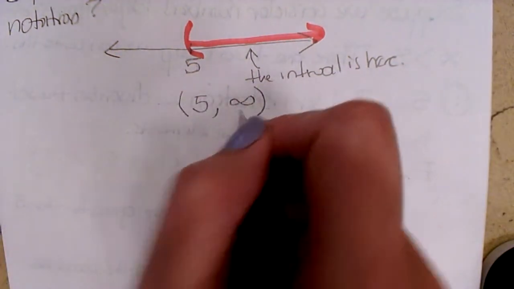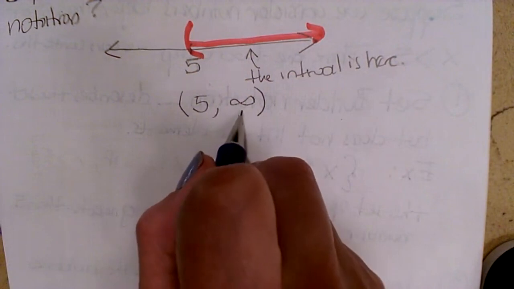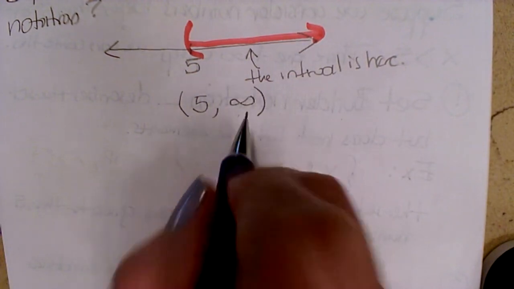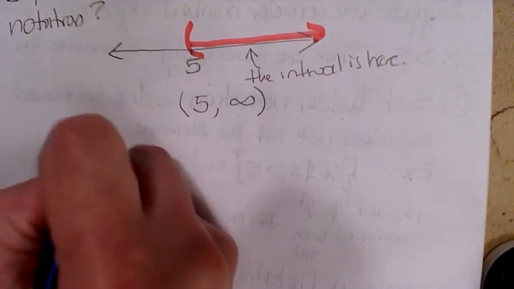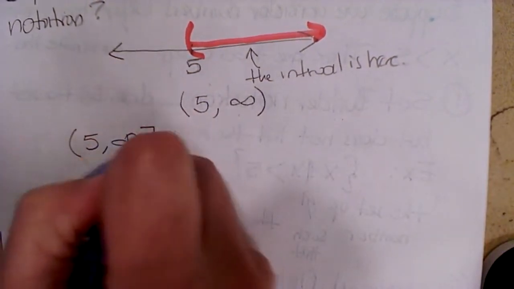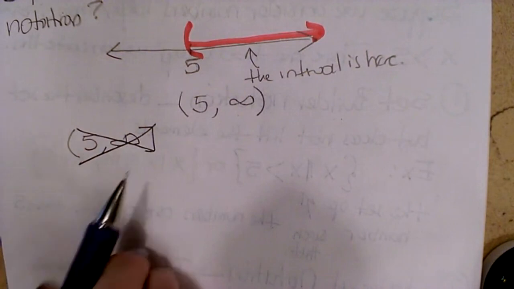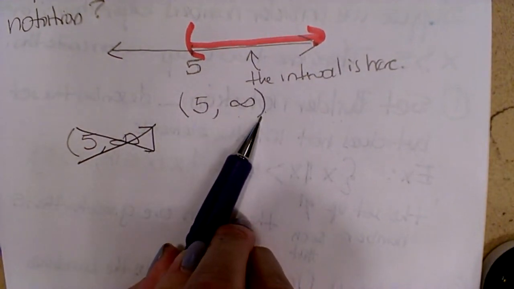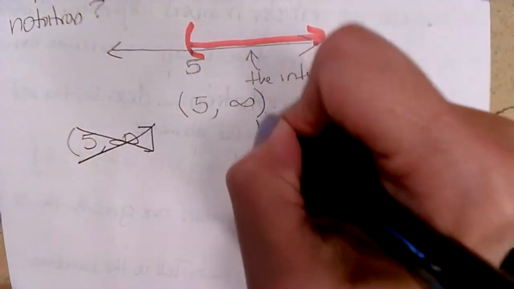Now, you need to remember infinity is never going to be closed, always going to be open. Okay? Open parentheses for infinity.